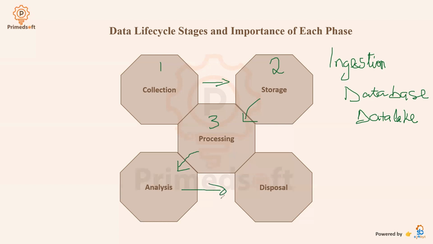And from here, when you are done, there's also what we call disposal, which is properly removing outdated or unnecessary data. When you properly remove outdated or unnecessary data, it reduces clutter, improves efficiency, and ensures compliance with data privacy. Understand this does not equate to deleting data.